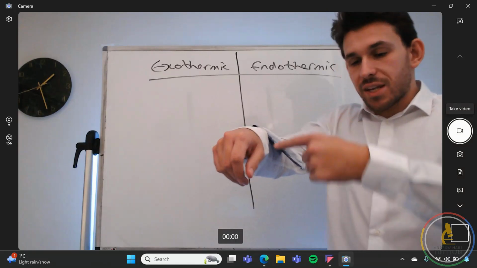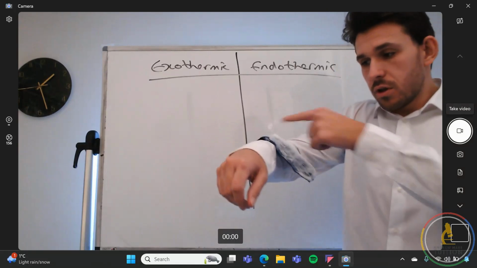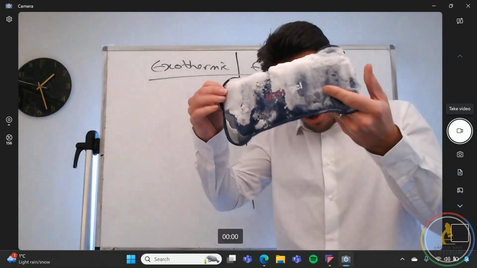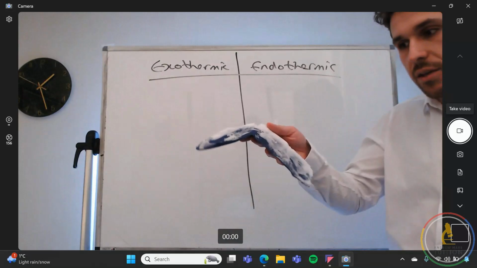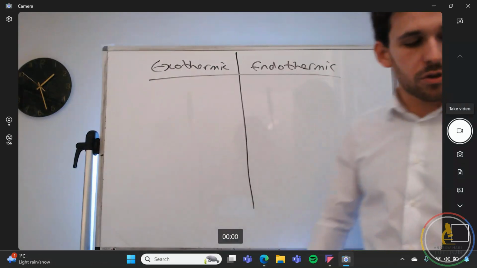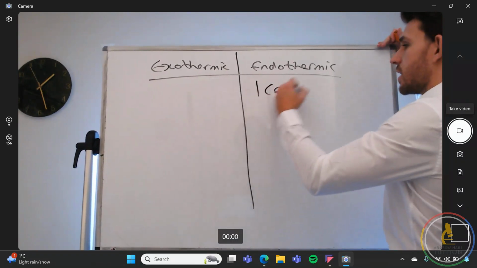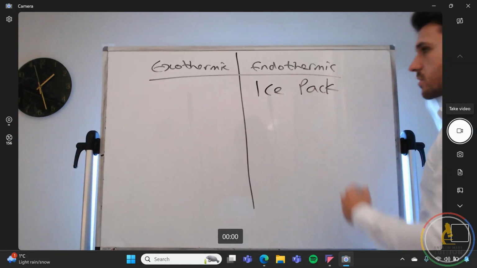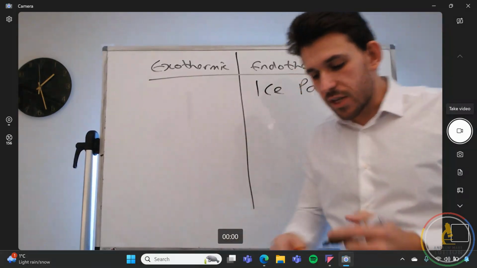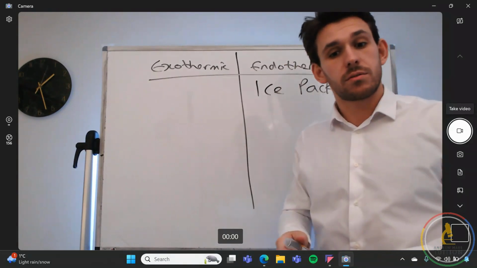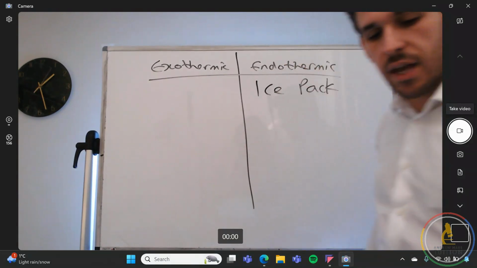Your energy is being taken into the ice pack. And if energy is being taken into our reaction or our ice pack, that fits with our description of endothermic, okay? So I'm going to put ice pack on our endothermic side, which again fits with the analogy of endothermic being associated with cold things, okay? Make sure you've added that as well.